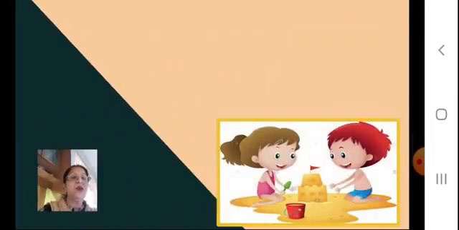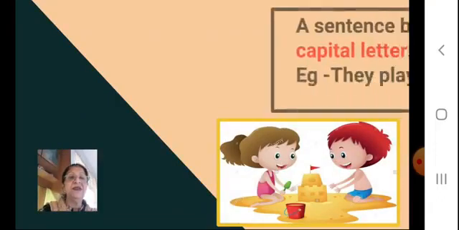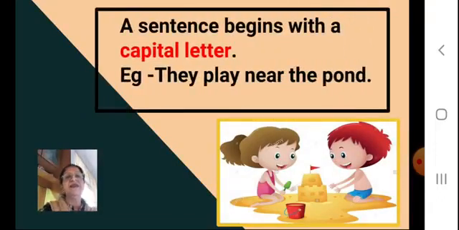Now here, look at this picture and the related sentence. A sentence begins with a capital letter. As you must have seen, a sentence always begins with a capital letter. Have you seen a sentence starting with a small letter?